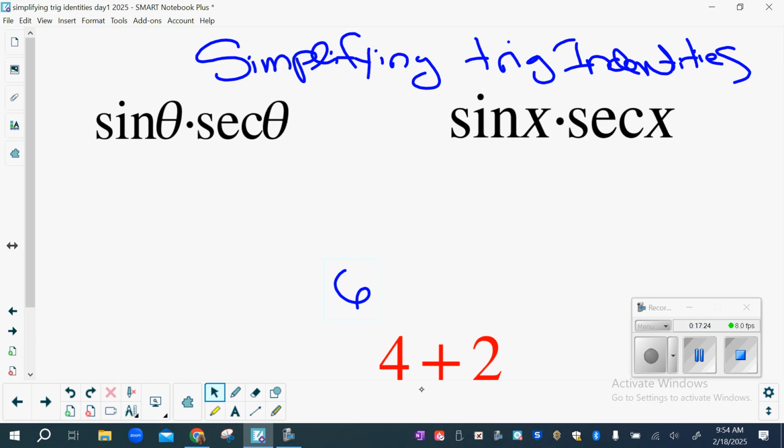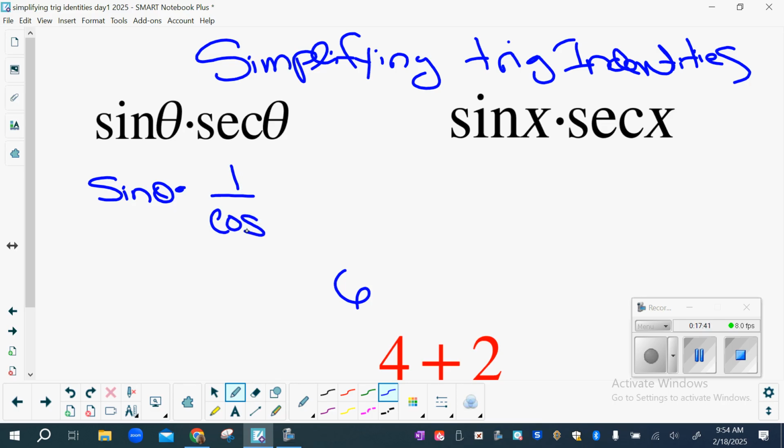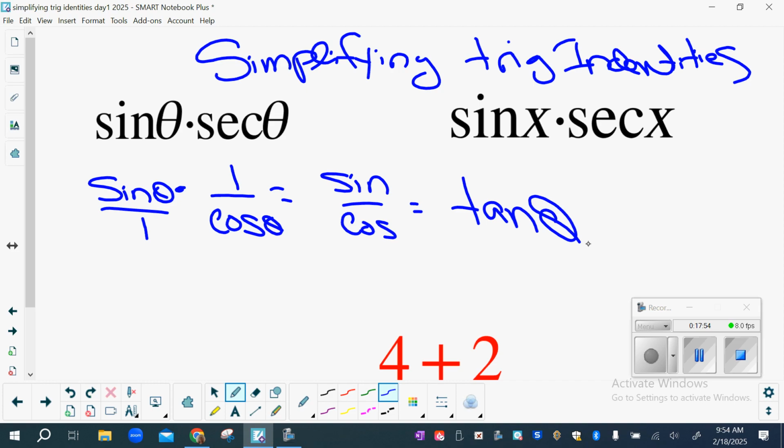Sine theta times secant is, I'm going to say, 1 over cosine. I'm going to make it sine over cosine. Hey, I know what that is. Sine over cosine.